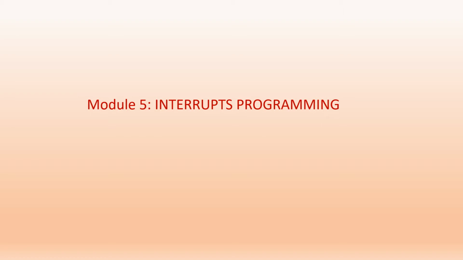In that case the microcontroller halts or discontinues whatever it is doing, and then it goes and services the device. Once the servicing of the device is over, it continues with whatever it was doing earlier.